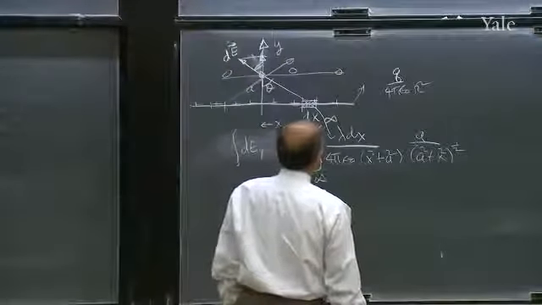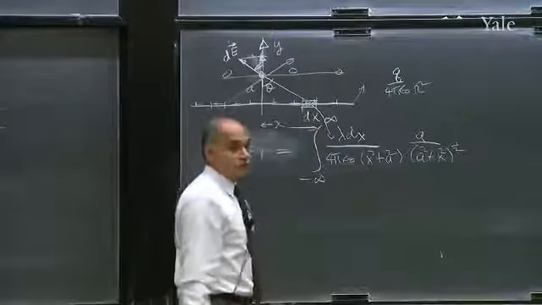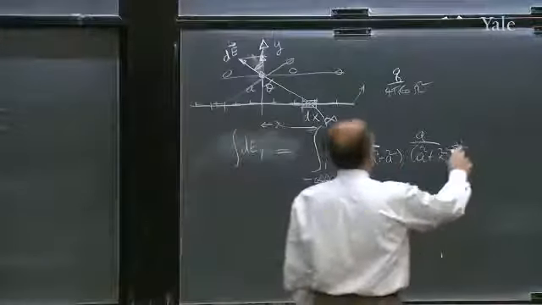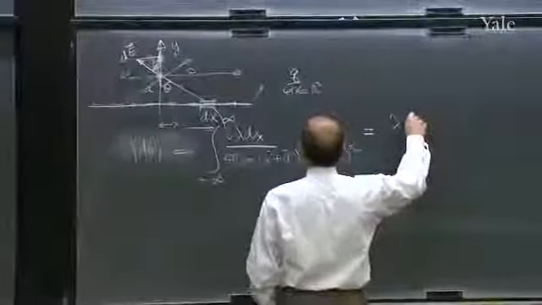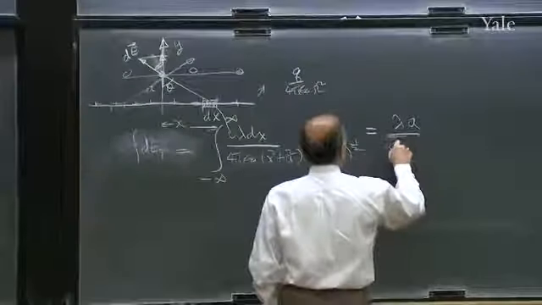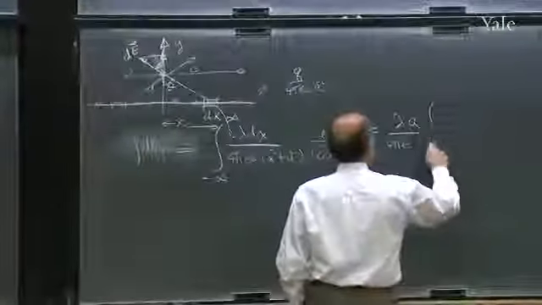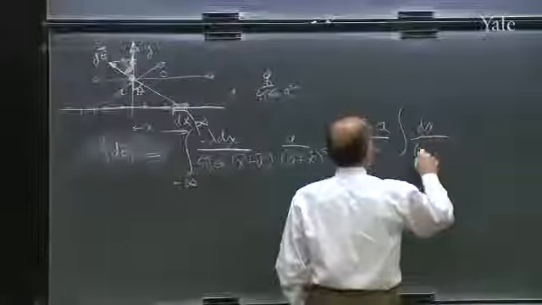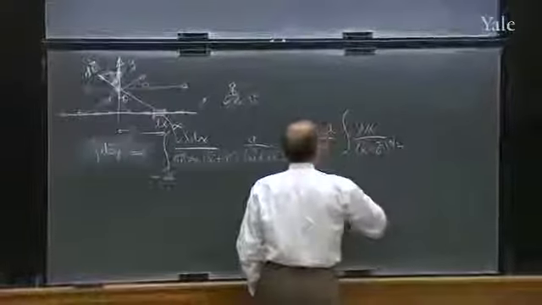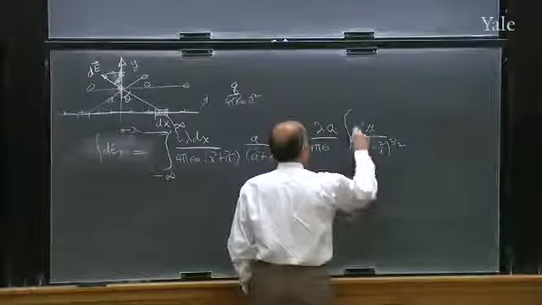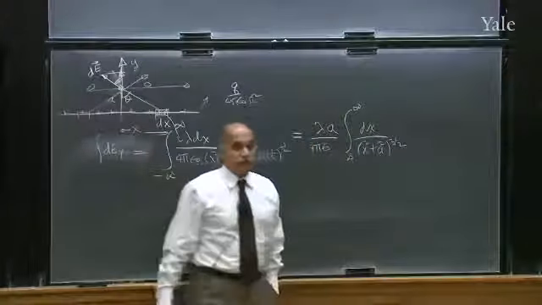All right, so now it's a matter of just doing this integral. So this gives me lambda a over 4 pi epsilon 0, integral of dx divided by x squared plus a squared to the 3 over 2, from minus to plus infinity.